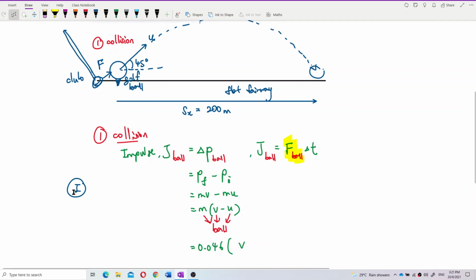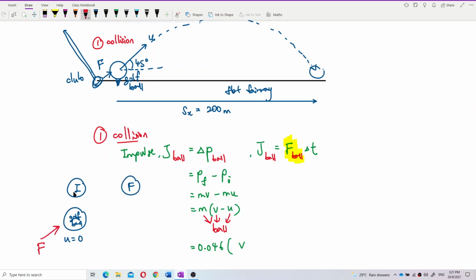Initially, the golf ball is stationary, and then you hit it with the impulsive force, using the golf club.